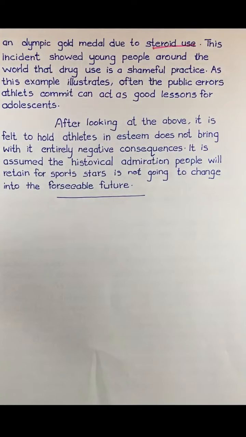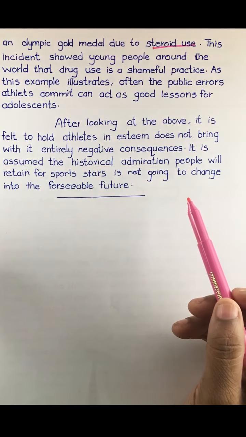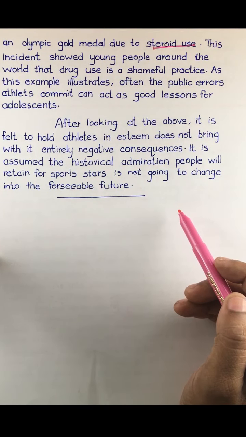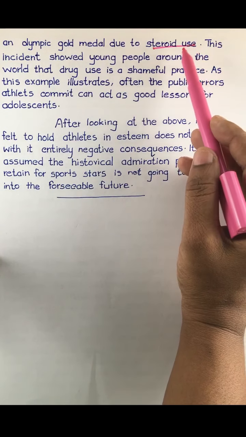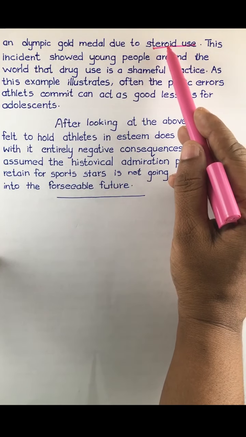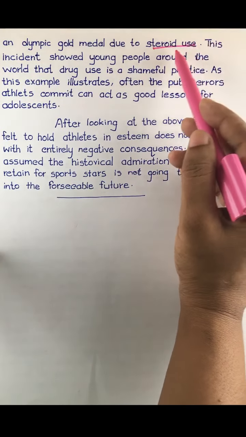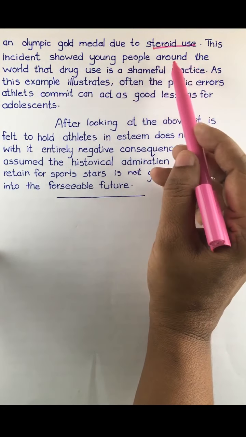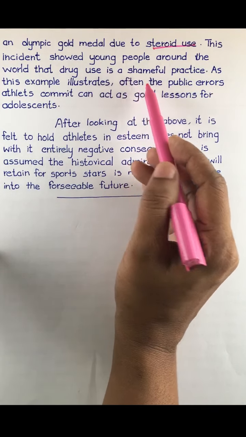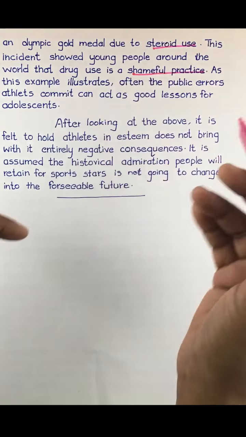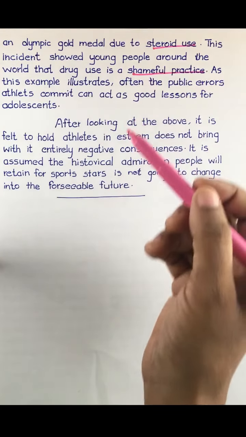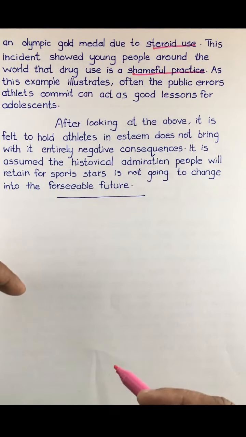See, that is a clear negative example of a particular case. So I was discussing the steroids, or I was explaining the negative aspects. So this incident showed young people around the world that drug usage is a shameful practice. So it's not right, it's wrong, you should not follow. So that's a negative trend shown by an athlete, which was in the news, and it shows that it's a negative practice.